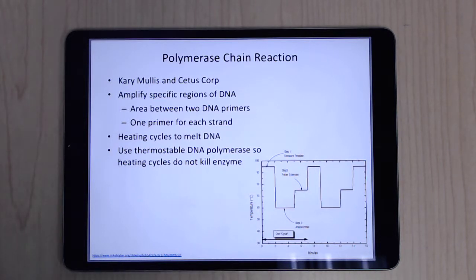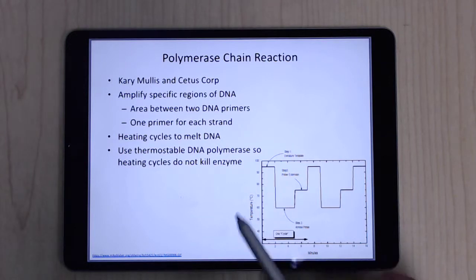You can literally start with one molecule of DNA, and if you know what the sequence is, or have an idea of what the sequence is going to be, you can make large amounts of that section. What you do is you have primers that are complementary to the 5' and 3' ends of the gene that you want to amplify. I'll show you in a picture in a minute. Then you go through these heating cycles.